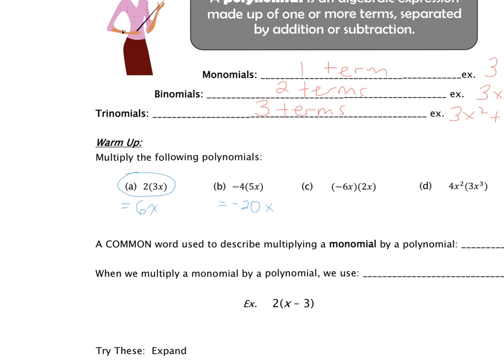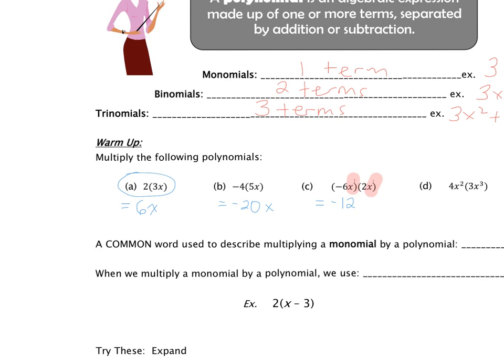And C, if you look at your coefficients first, we have -6 times 2, which gives me -12, and we have an x times x. Now we have to remember our exponent laws. If we have an x, technically that shows an exponent of 1.